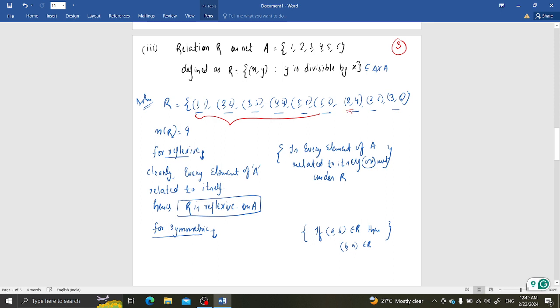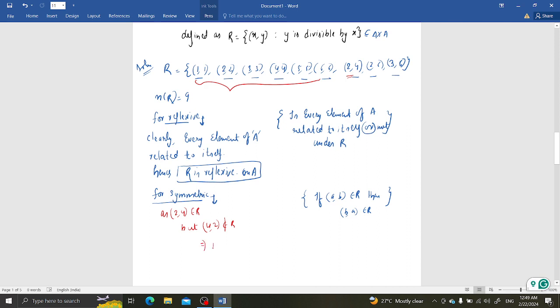So we can write, changing the color, 2 comma 4 belongs to R, but 4 comma 2 does not belong to R. This implies R is not symmetric on A.